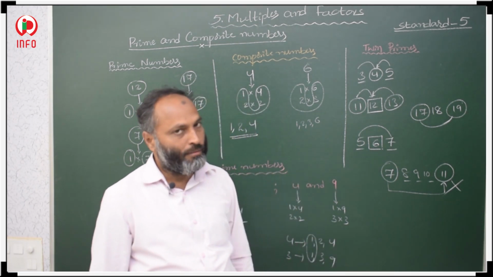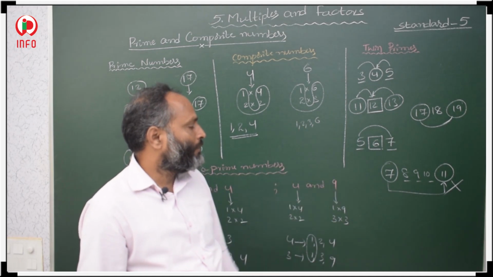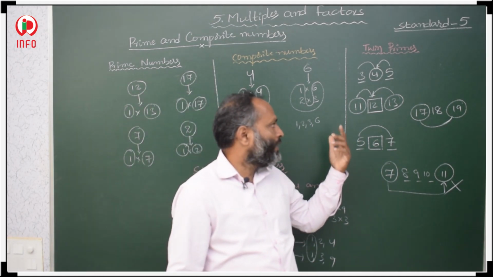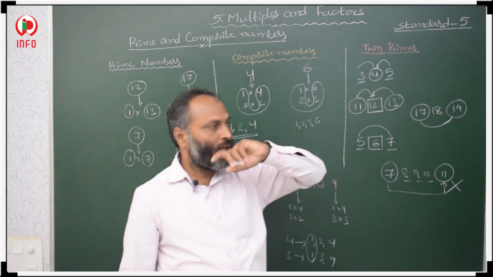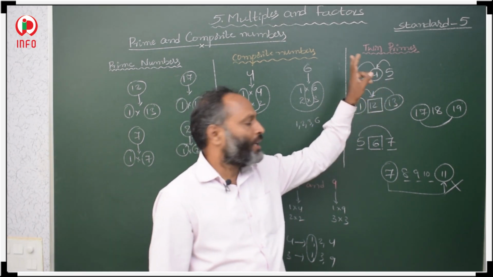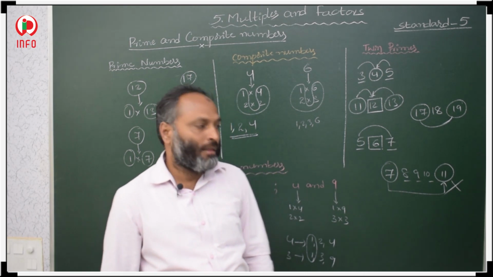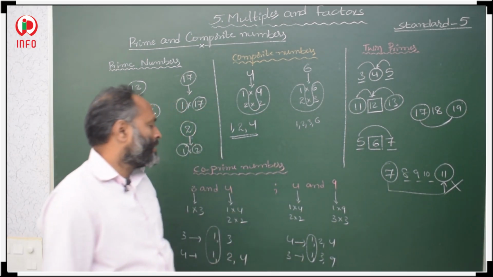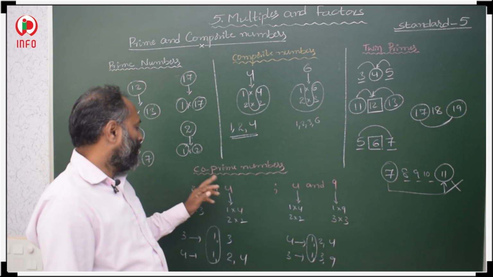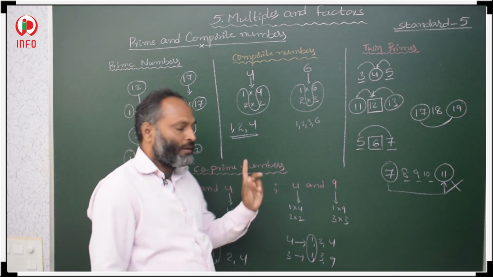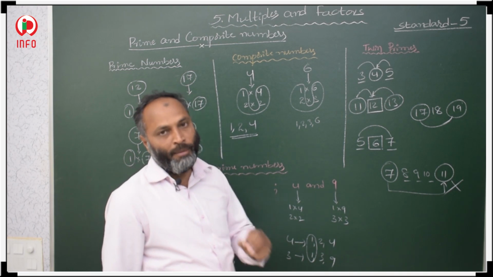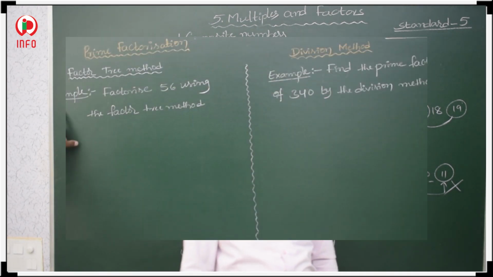Twin primes: if in between 2 prime numbers only one composite number is there, then those 2 prime numbers are called twin prime numbers. Co-prime numbers: if the only common factor between the given numbers is 1, those numbers are called co-prime numbers.